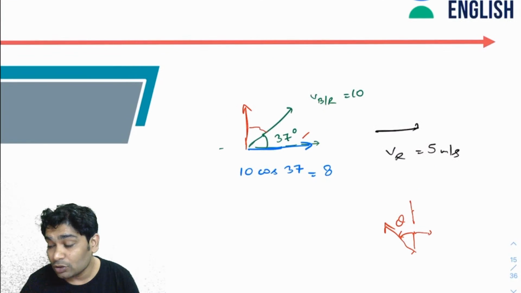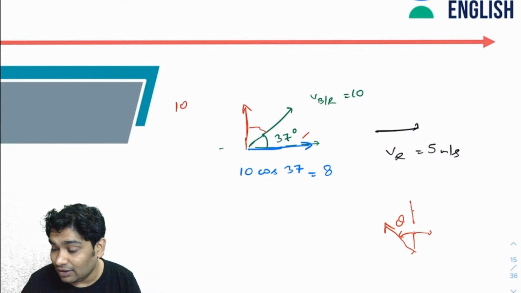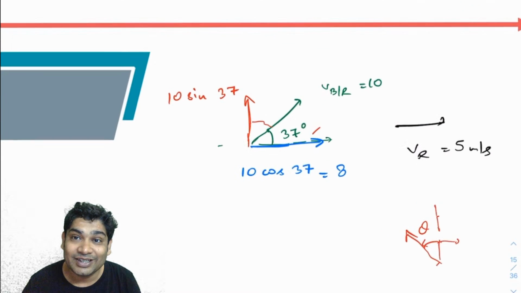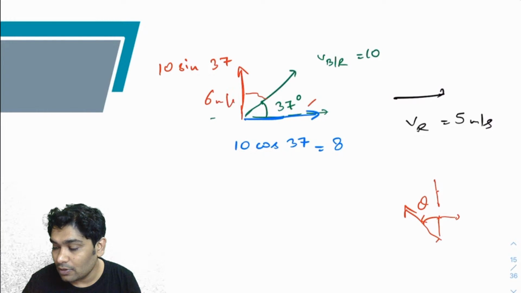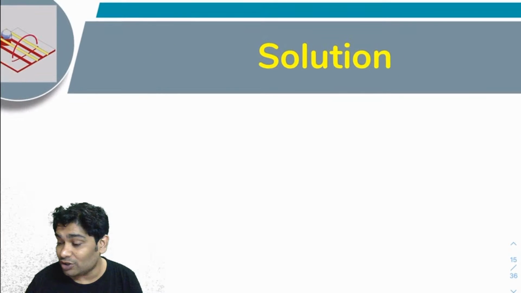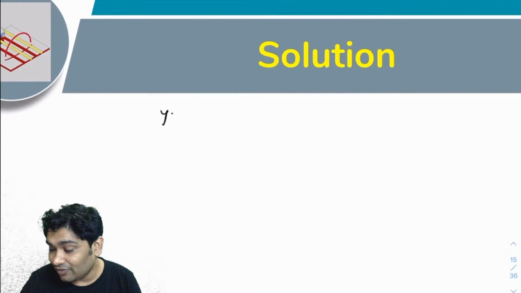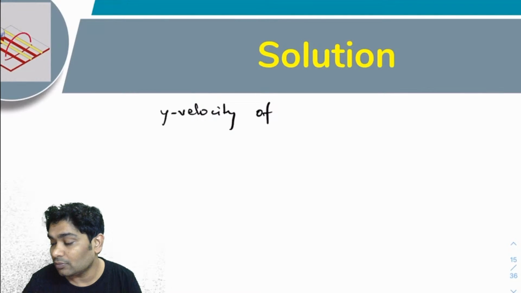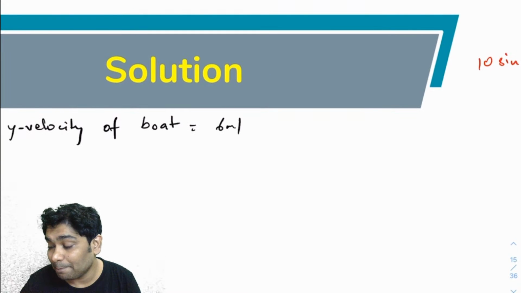So this component would be 10 sine 37, and sine of 37 is 3 over 5, so that is 6. Now I know what the y velocity of the boat is and what the x velocity of the boat is. The y velocity of the boat was 6 meters per second.